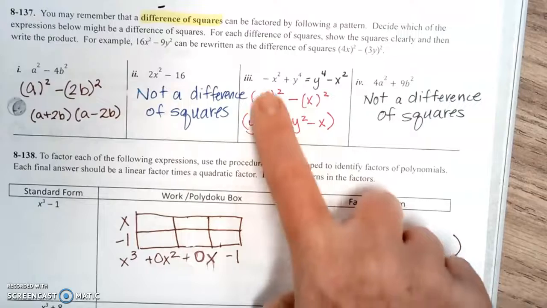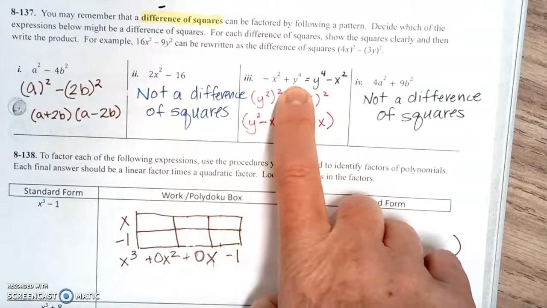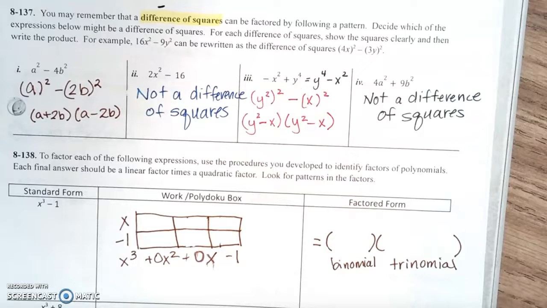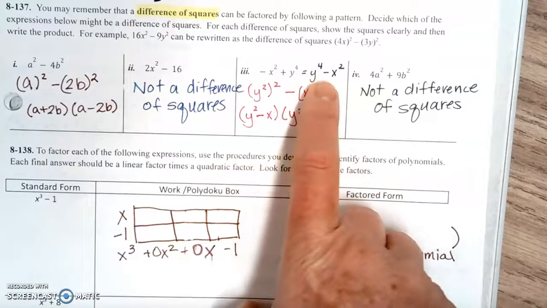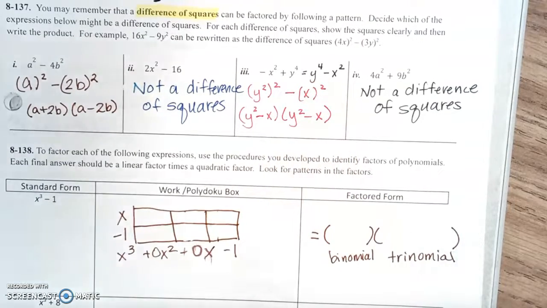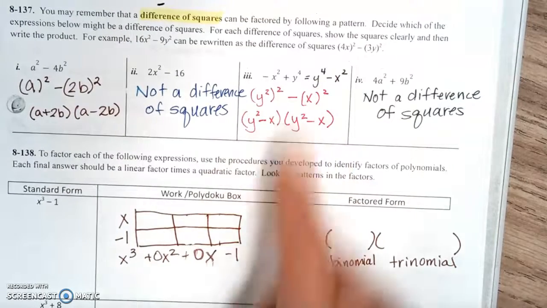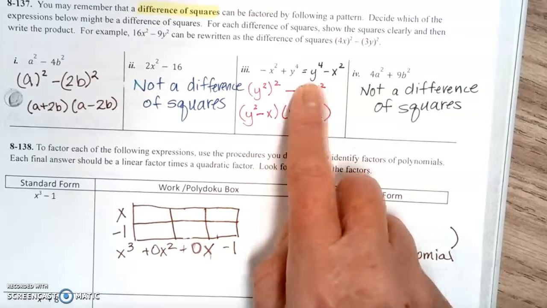Number 3 is negative x squared plus y to the 4th, which when you first look at it, doesn't look like a difference, but if you just switch the order and change it to y to the 4th minus x to the 2nd, then it is a difference of squares because it has a difference. The y to the 4th is a perfect square.